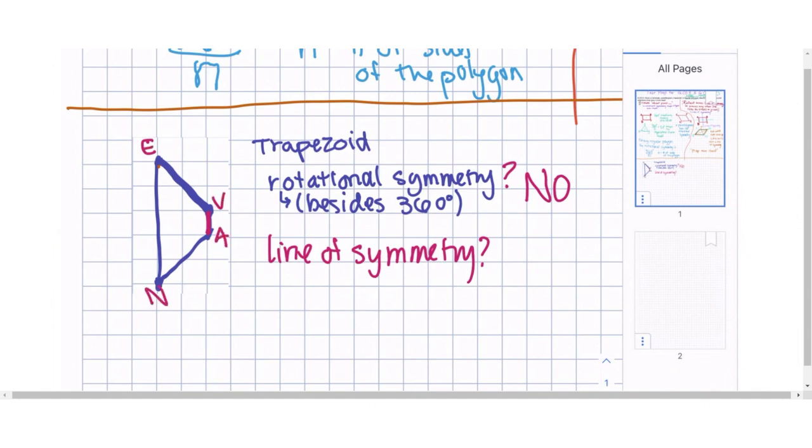If we have trapezoid Evan, does trapezoid Evan have a line of symmetry? Actually, the line doesn't have to be part of the figure.